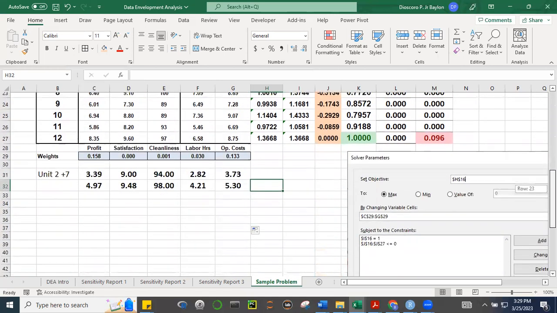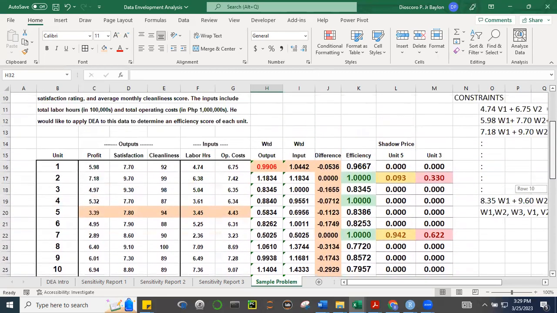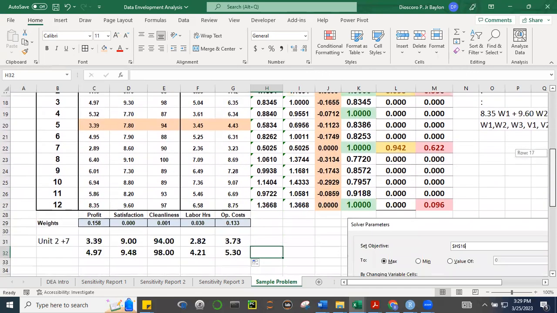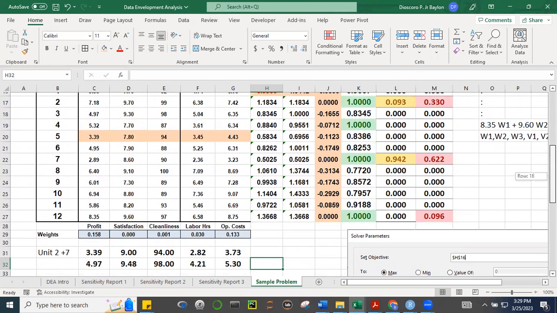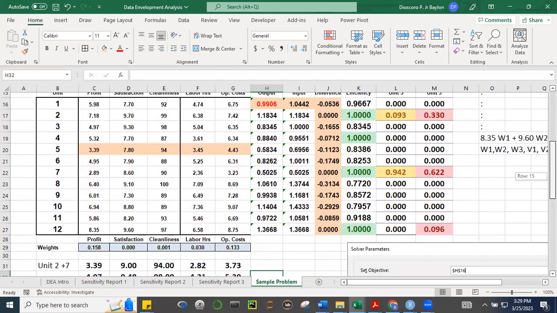So what we have done so far is to compute for the efficiency. But if we have 50 units and we keep on changing the solver, that would be really time consuming. So let's do something to make our process more efficient.